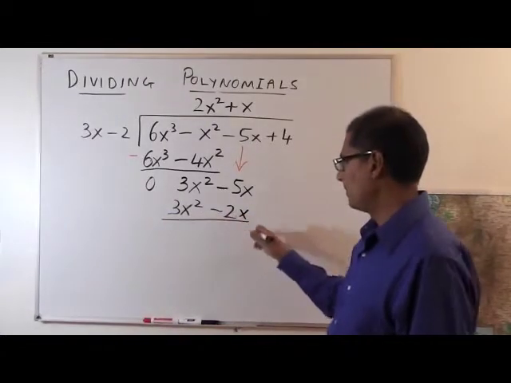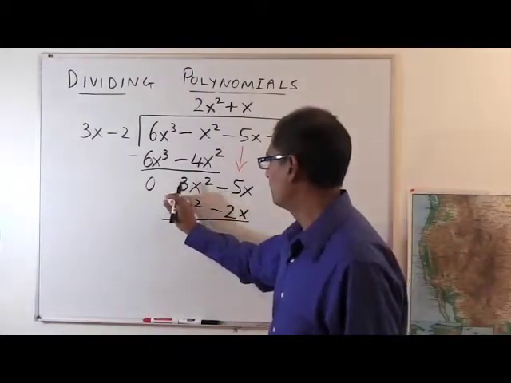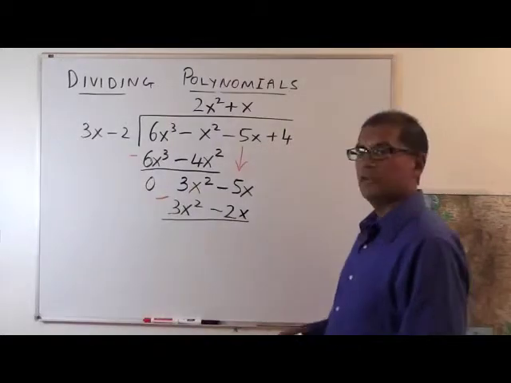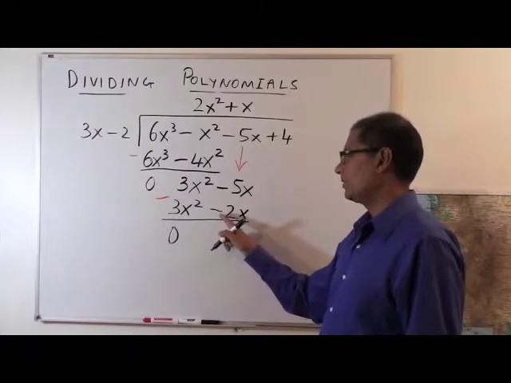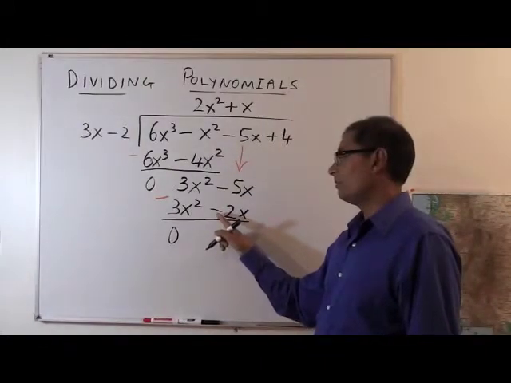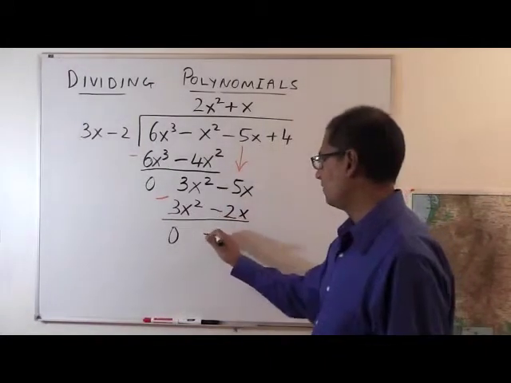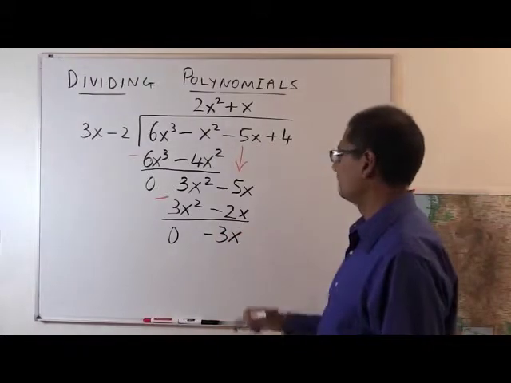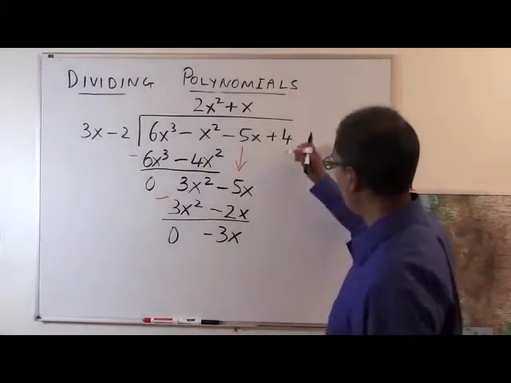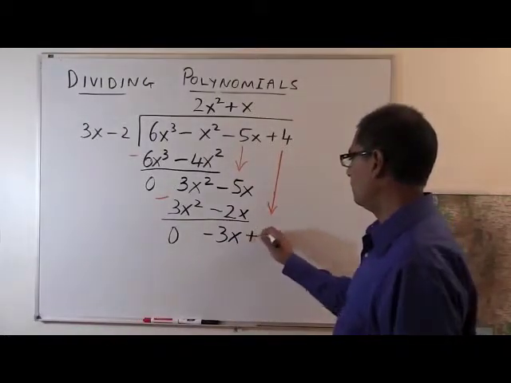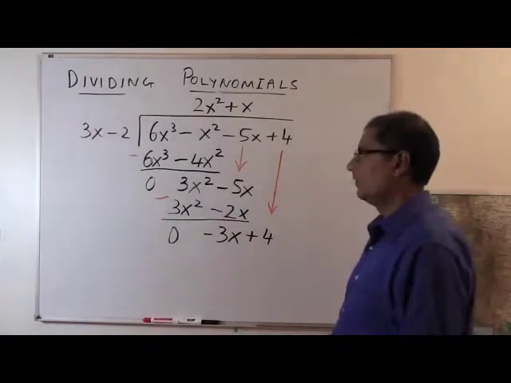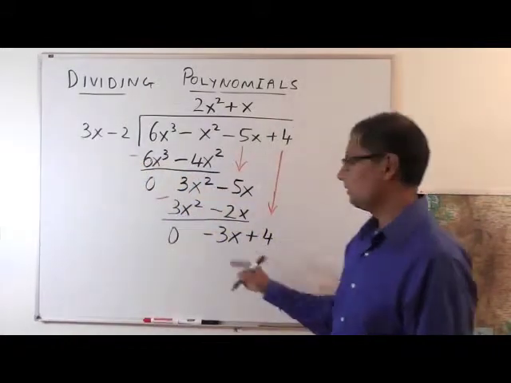Again, we subtract these. 3x squared minus 3x squared is 0. Minus 5x plus 2x is negative 3x. Then we bring down the 4, so plus 4. And now we divide 3x into negative 3x.